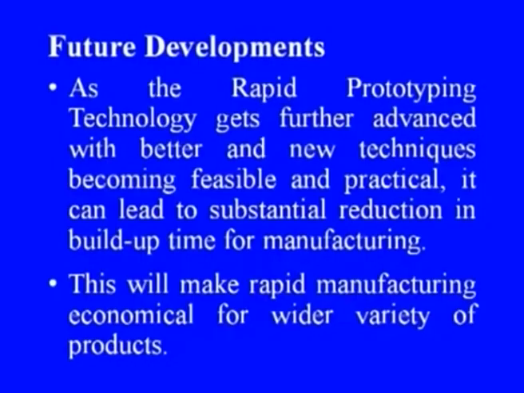Now, let us see a few future developments in these technologies. As rapid prototyping technology gets further advanced, with better and new techniques becoming feasible and practical, it can lead to substantial reduction in build time for manufacturing. This will make rapid manufacturing economical for a wider variety of products.